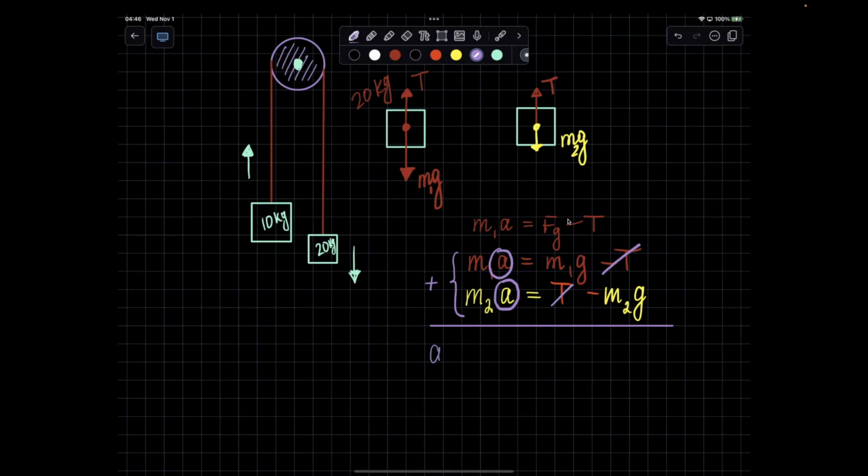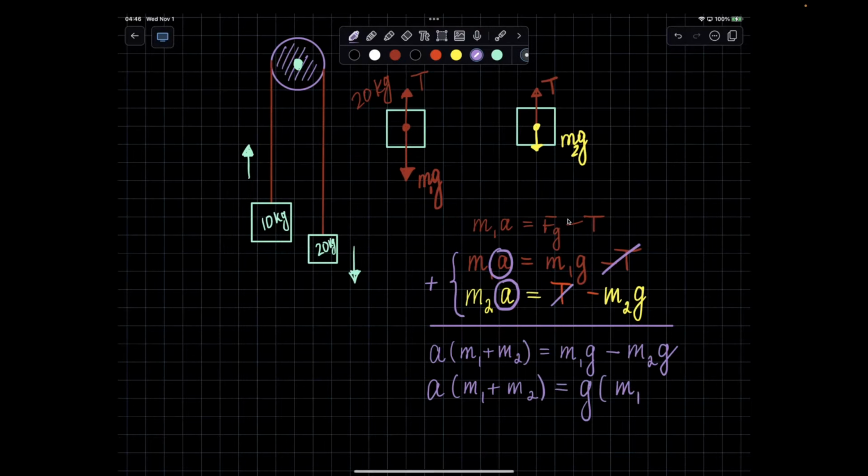So I can say acceleration, and I will factor the masses out, m1 plus m2. Both of them are accelerating with that a. And then what do I have? I have m1g from the top minus m2g from the bottom. So ultimately, acceleration times the sum of masses equals g times the difference of masses, the heavier minus the lighter.